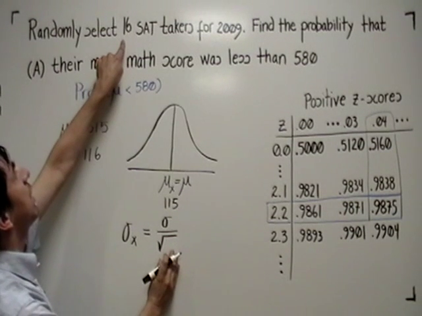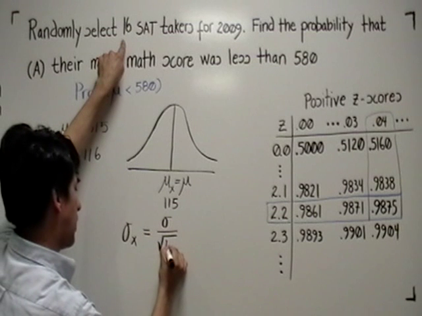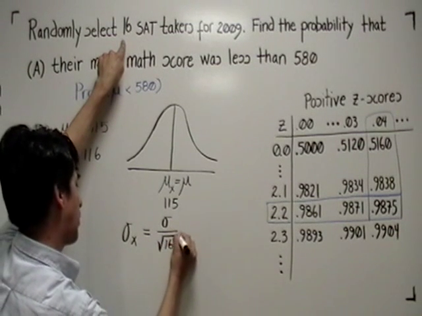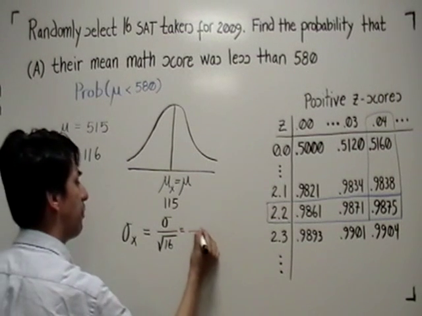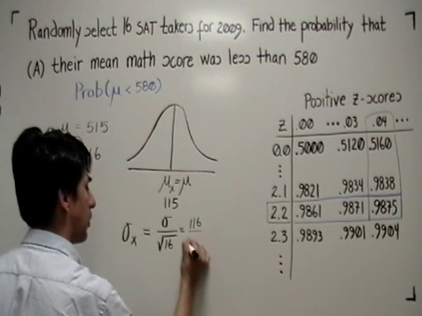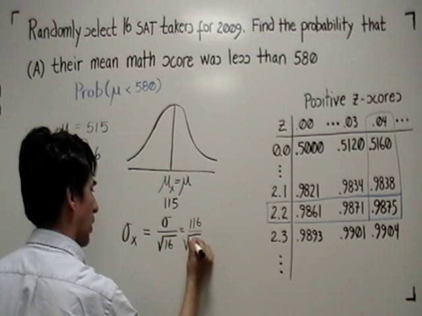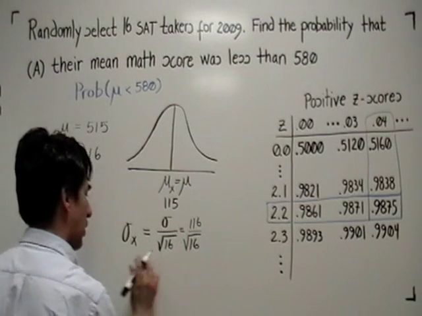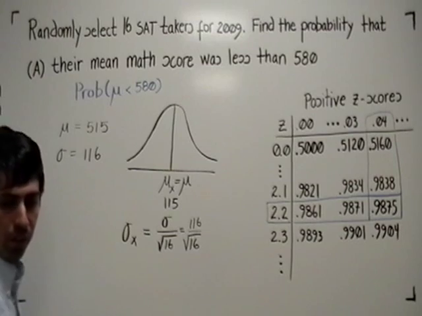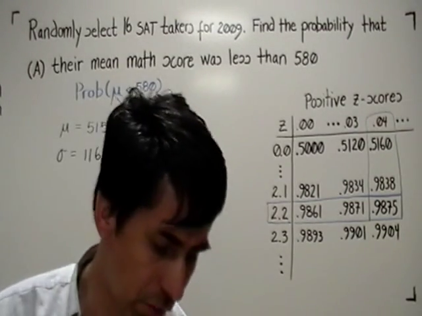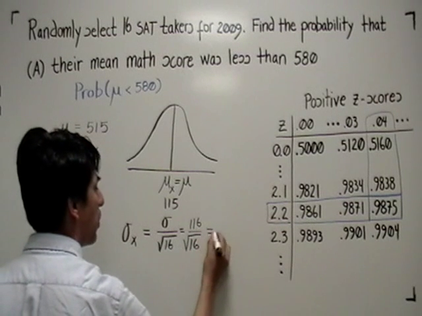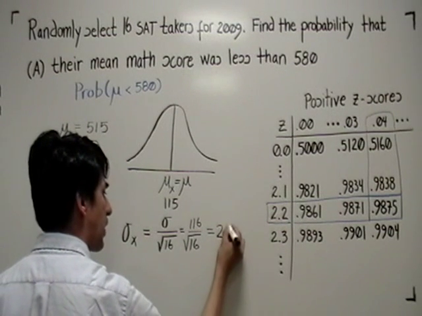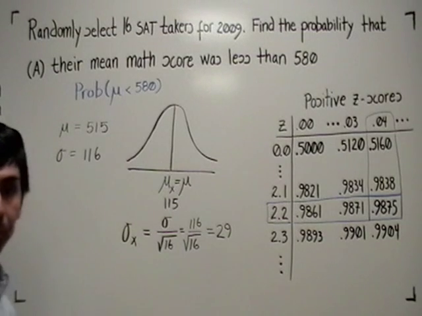In this problem, n is 16, so you say sigma over the square root of 16, where sigma is given to be 116. So the standard deviation of the distribution of the means is going to be 116 over the root of 16. When you do your calculation, this turns out to be 29.